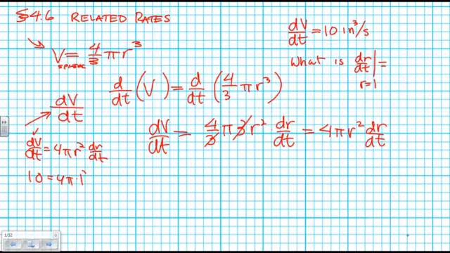So I'm going to put 1 there, square it, dr/dt. I think I can solve that for dr/dt. I think it looks something like dr/dt is equal to 10 divided by 4 pi. And I would love to have a decimal approximation of that.